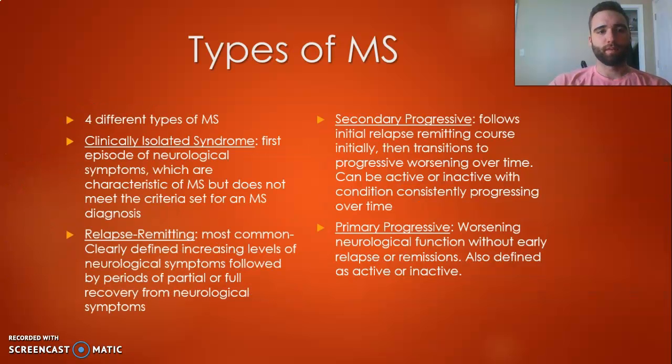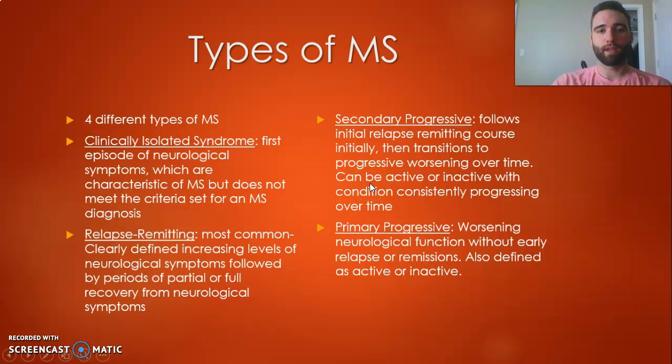So there are 4 different types of MS. We have the clinically isolated syndrome, which is the first episode of neurological symptoms. These are characteristic of MS. You will get the neurological dysfunction that occurs, and so you'll have this relapse remission point. You'll have a relapse point where signs and symptoms will occur, and then eventually you will have a remission point where you will return back to normal.